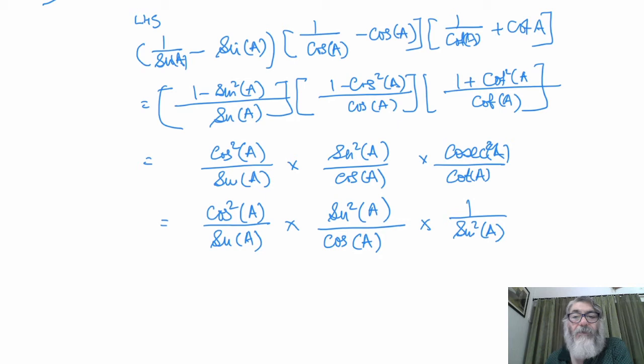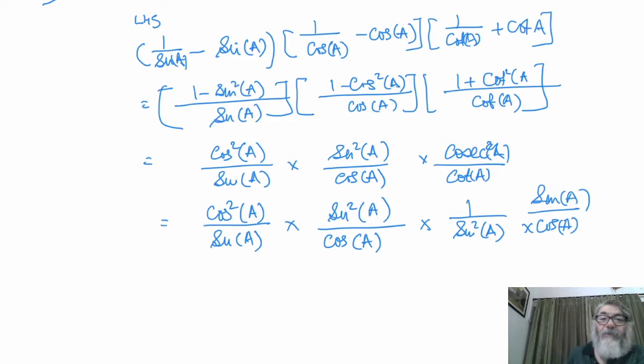Cos A upon sin A. So it will remain cos A here and sin A will go up. So everything has been converted into cos A and sin A.